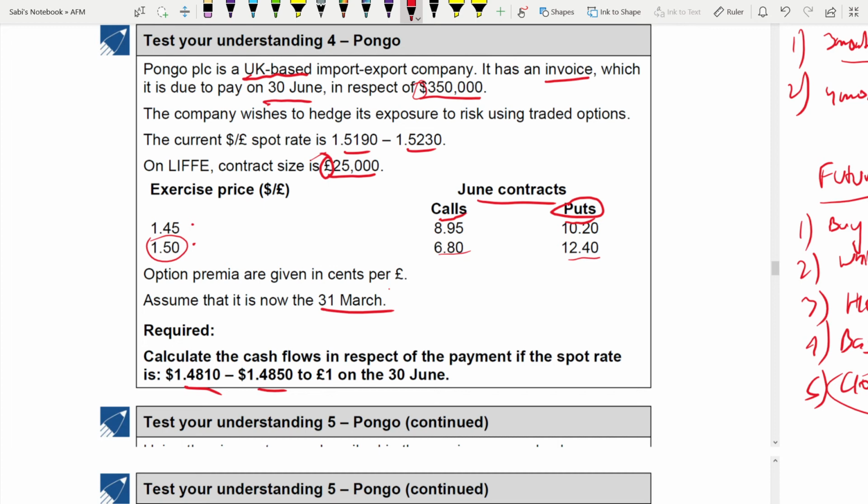So this 350,000, you are converting using which rate?